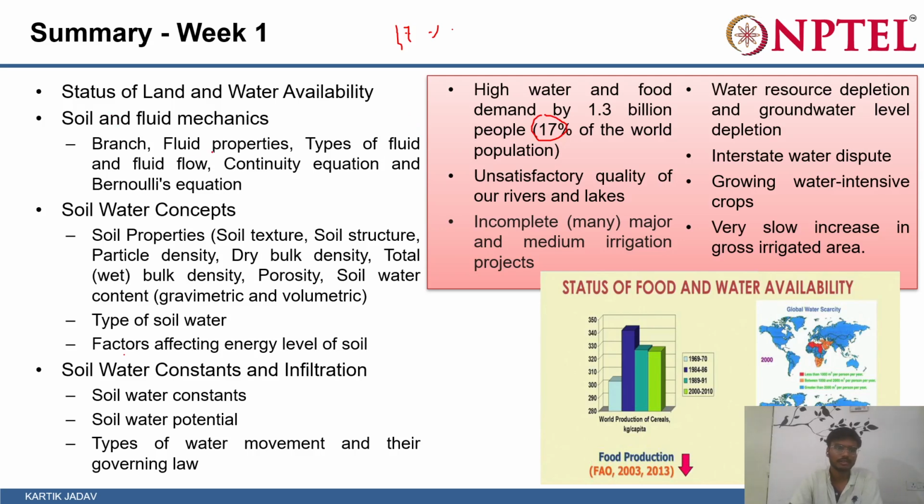Considering that, we started learning about the fundamentals of soil and fluid mechanics. As I highlighted, if you want to develop something, if you want to create new techniques, you must have fundamental knowledge. We are working in irrigation and drainage, where we apply irrigation in agricultural land.